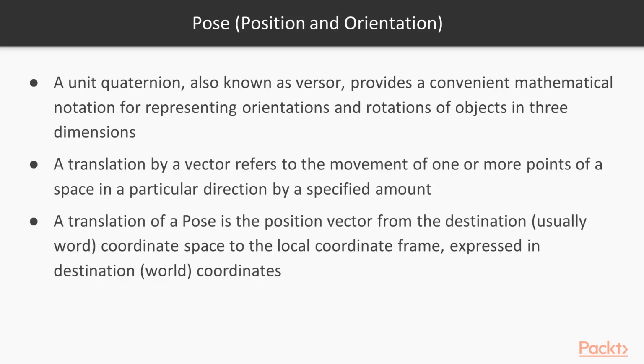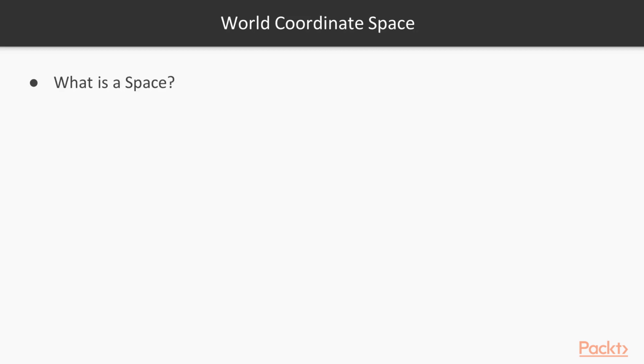Now, a translation of a pose is the position vector from the destination, which is usually the world space, to the local coordinate frame expressed in the destination's coordinates. So we're going to talk more about that later and explain it in layman language. But to give a mathematical or geometrical view, let's talk about world coordinate space.